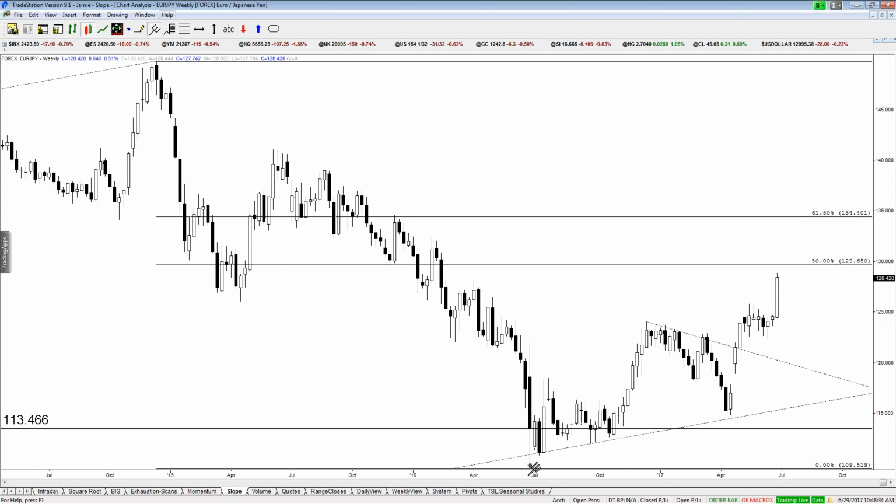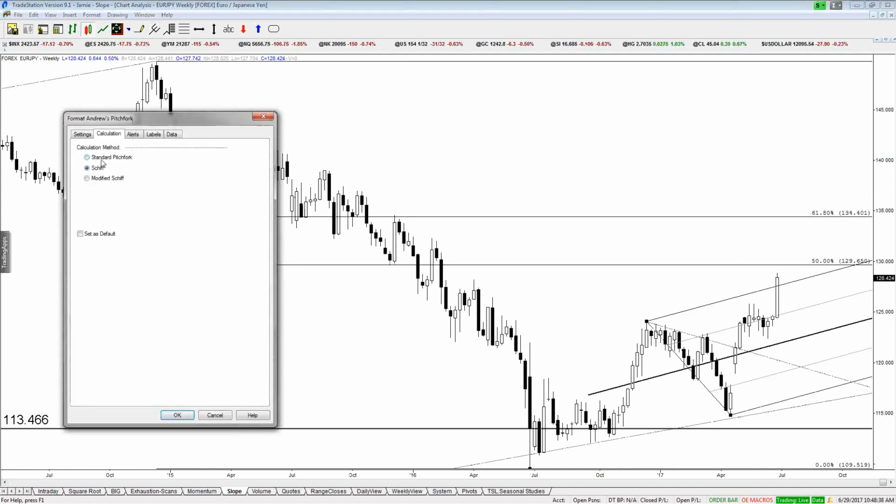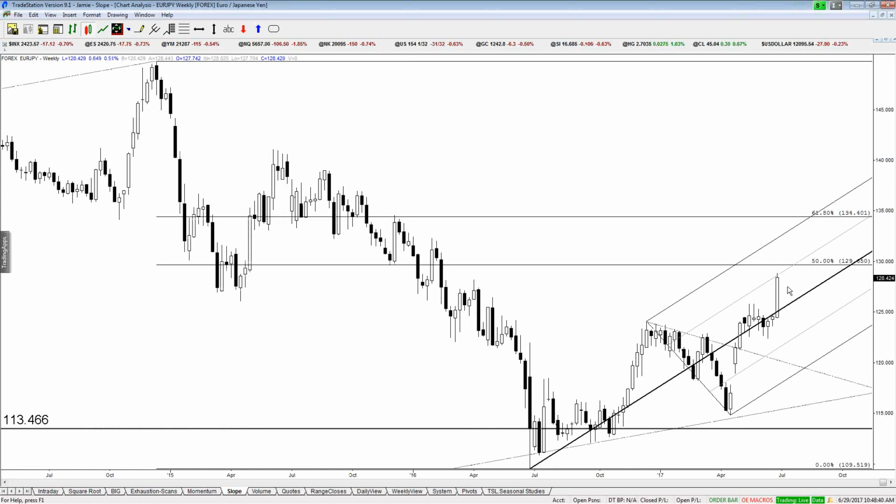What's this fork look like here? Well, that's interesting too. You've taken out this level here.